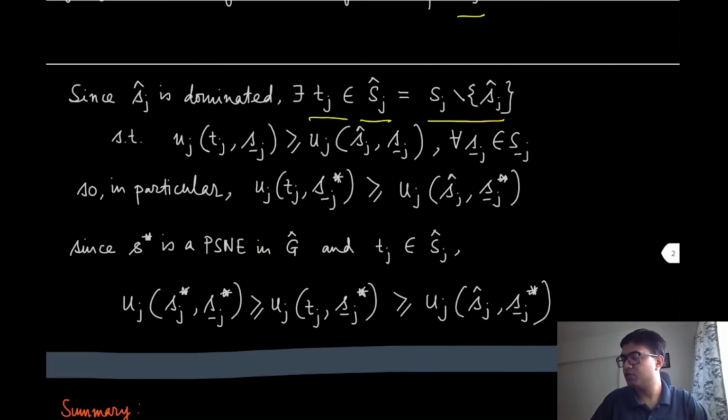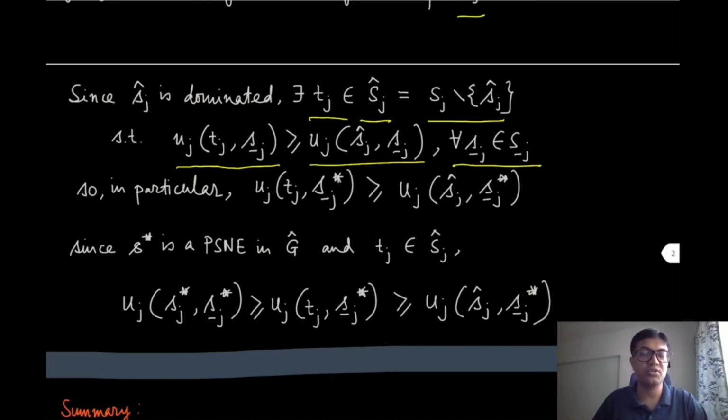So it must be true that the utility when player J is playing TJ and other players are playing whatever they want to play, this is going to be at least as much as the utility of the same player when it is playing SJ hat. So this is by the definition of weak dominance, and this should hold for all S minus J's.